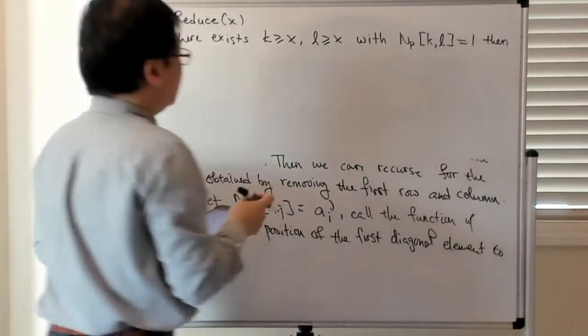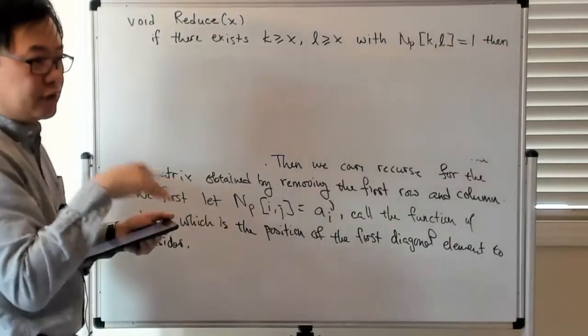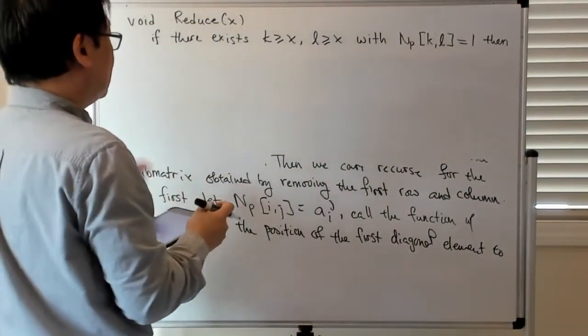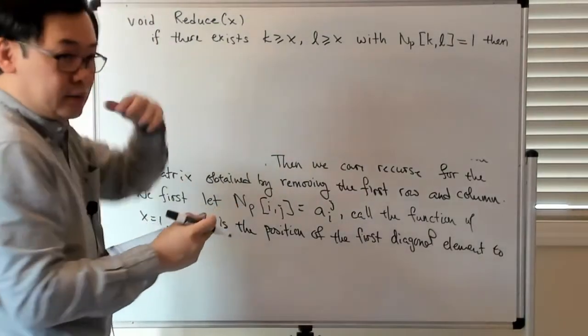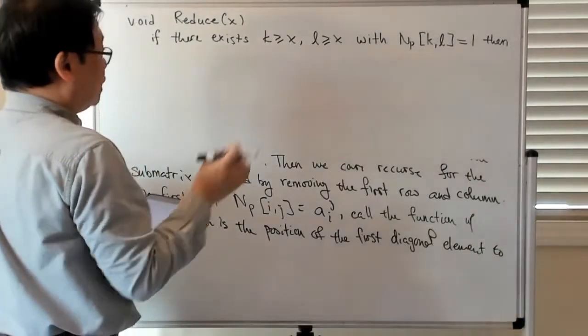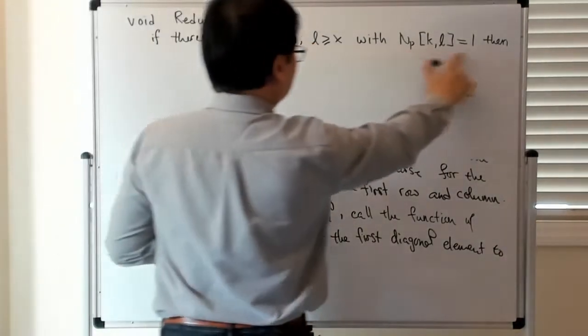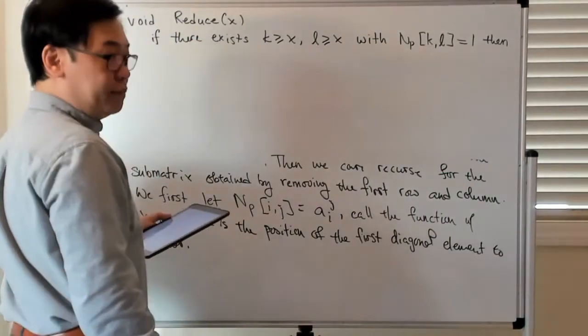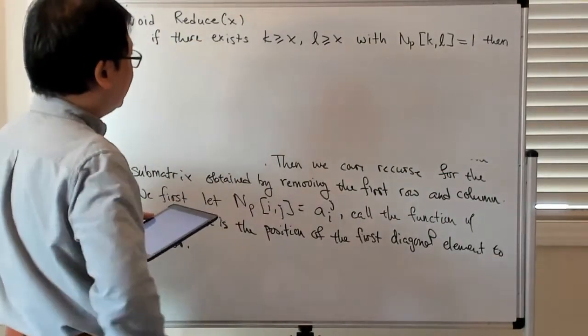Okay, so if it turns out that whatever is left over in the subblock you haven't worked with is all zeros, then you stop, right? Because then you're already in Smith normal form.